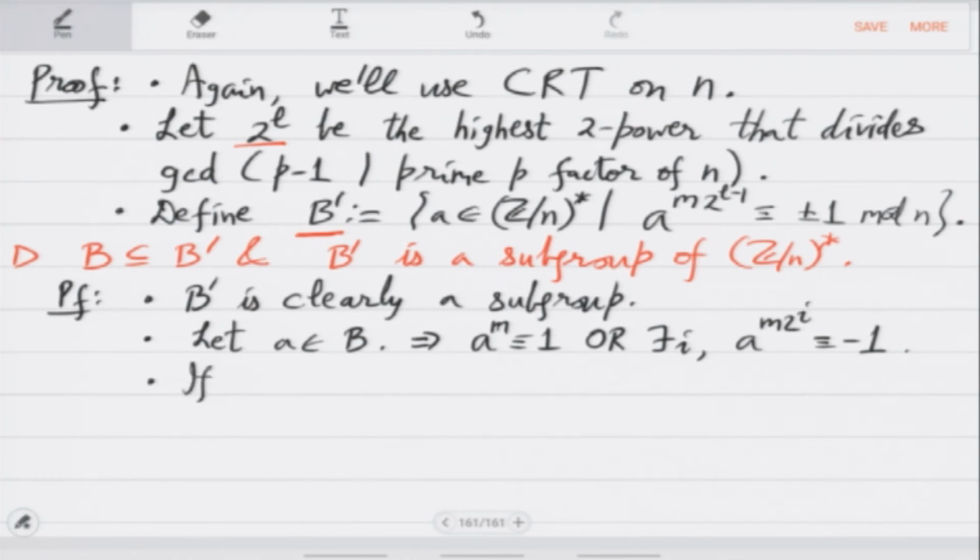Now, if A raised to m is 1, then A is also in B prime, because the definition of B prime includes that. A raised to m is 1 would mean that A raised to m times 2 raised to L minus 1 is also 1. So that's a done case.